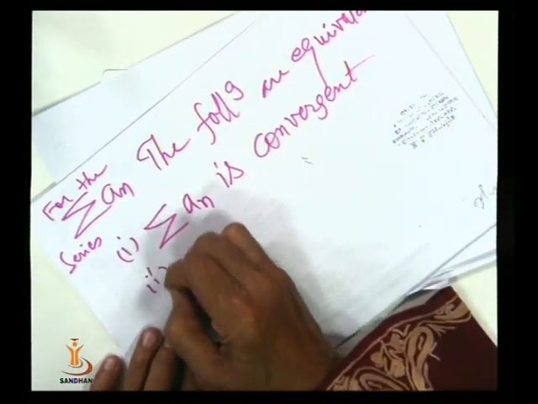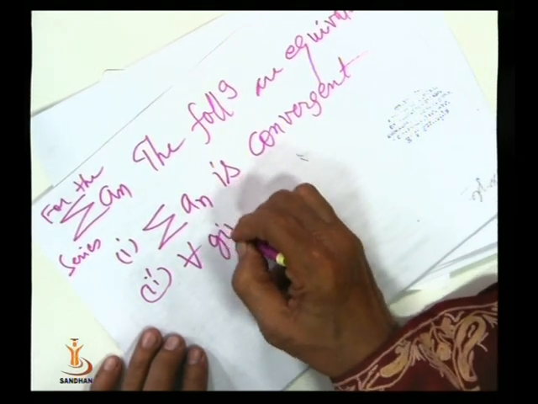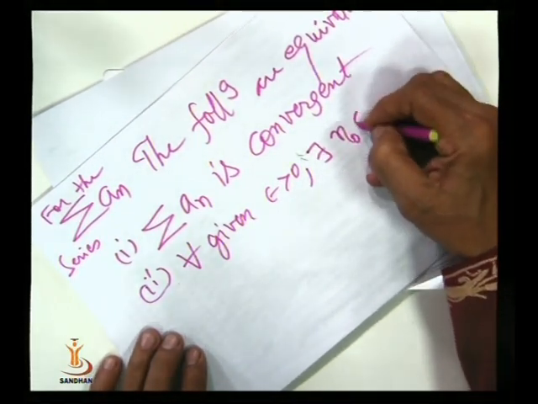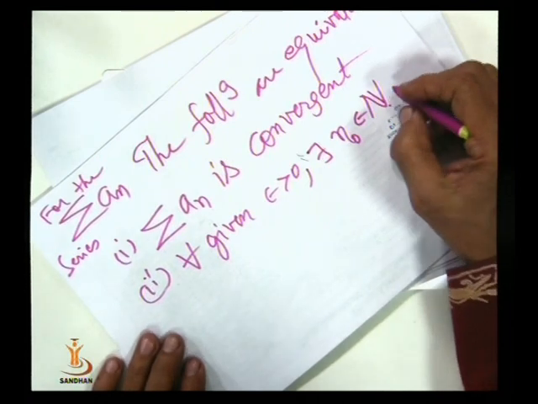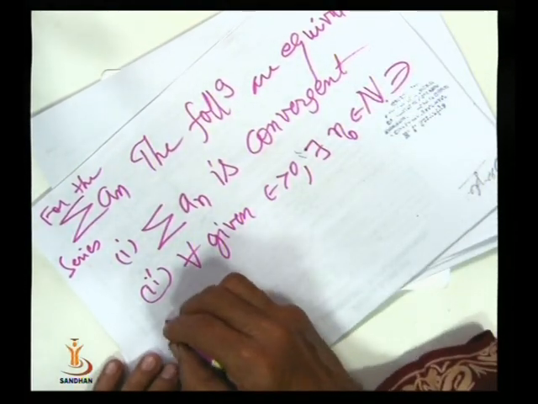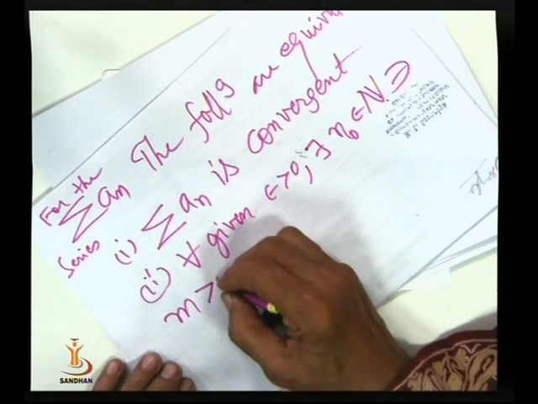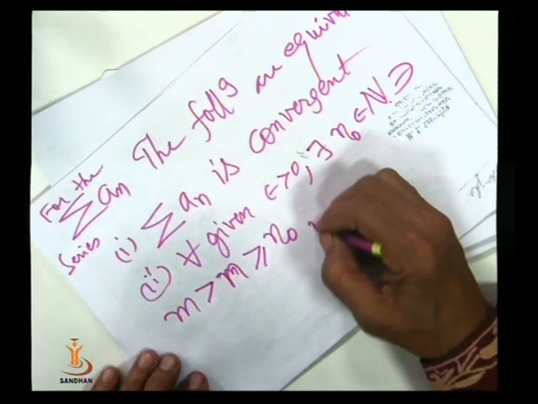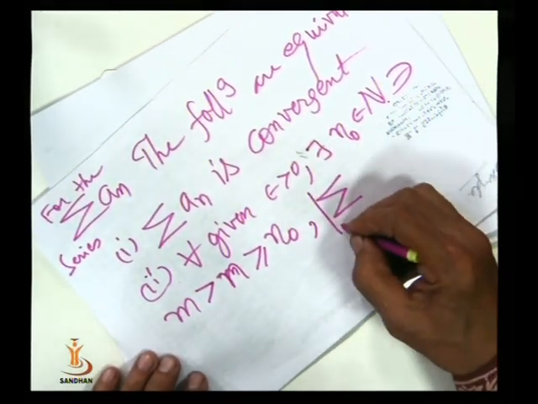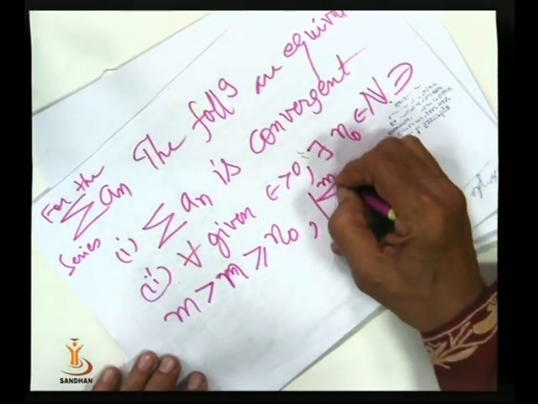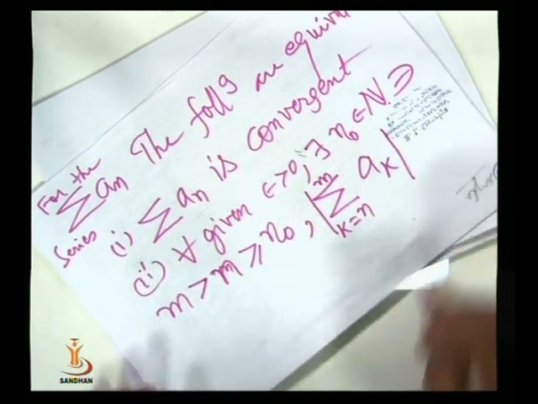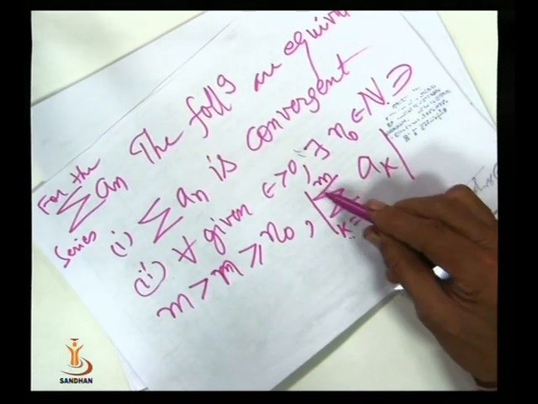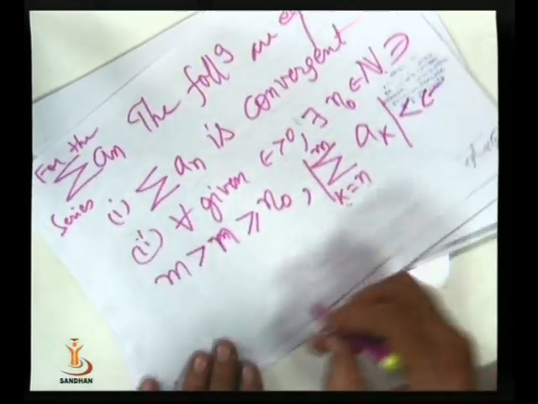Two, for every given epsilon greater than 0, there exists some n0 belongs to N such that whenever m is greater than n, greater than or equal to n0, the absolute value of the sum of ak, k varies from n to m, is less than epsilon.